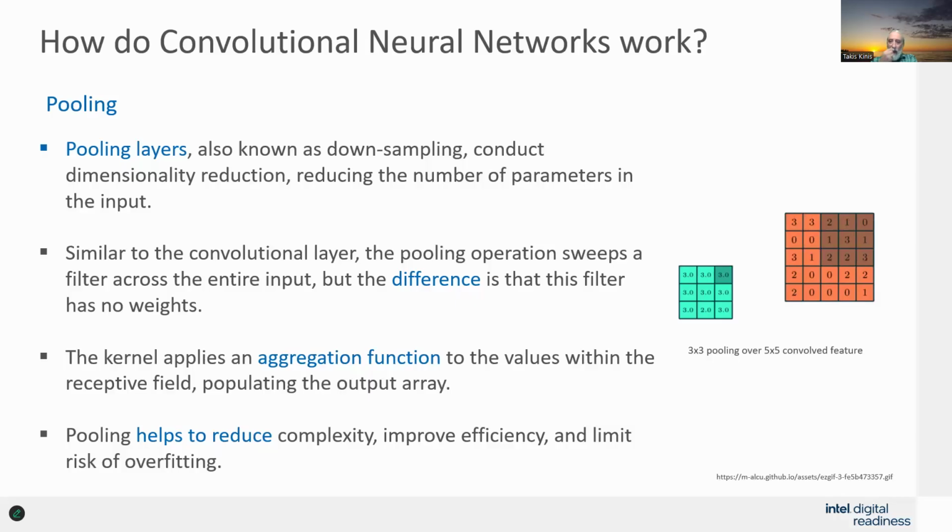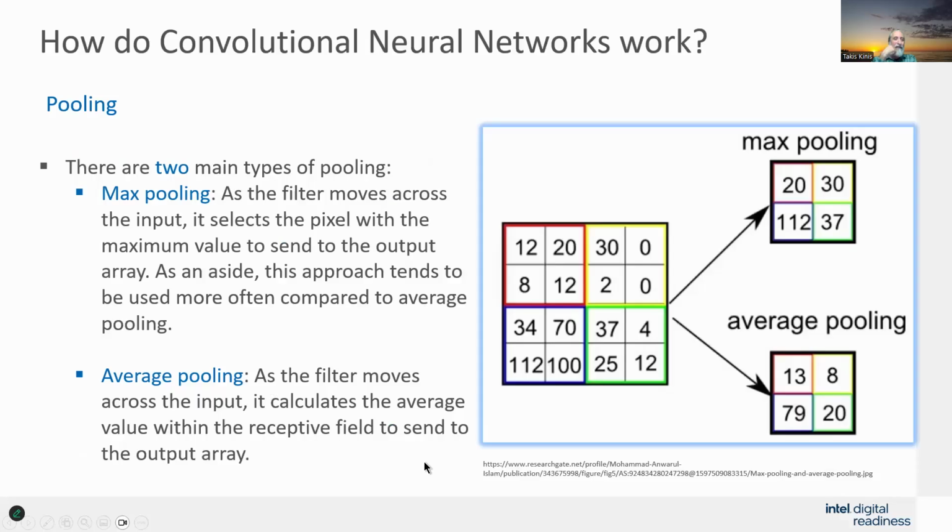And if you take a look at what the filter is doing and what the output is, so 3x3 pooling over a 5x5 convolved feature, right? So what is the result? It reduces complexity, is more efficient, and limits the risk of overfitting.